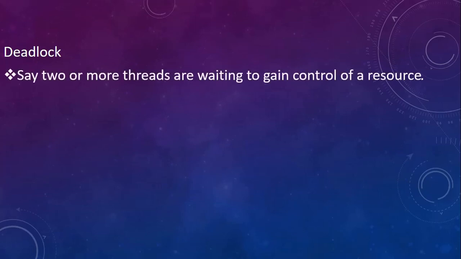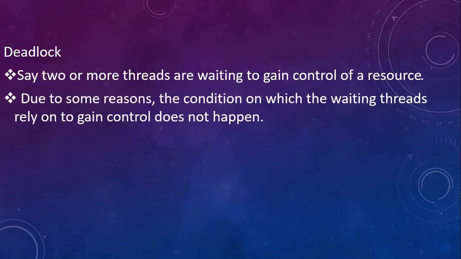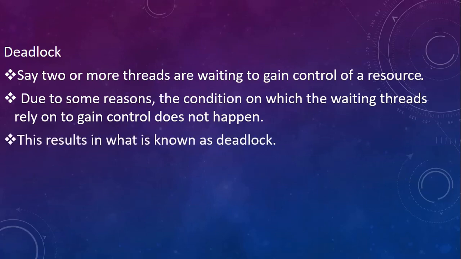Okay, the last concept here is called a deadlock. Say 2 or more threads are waiting to gain control of a resource. Due to some reason, the condition on which the waiting threads rely to gain control does not happen, and this is called deadlock.